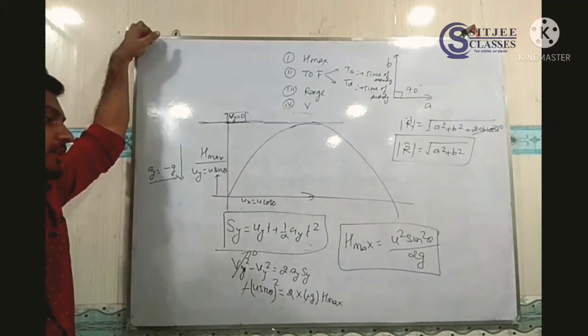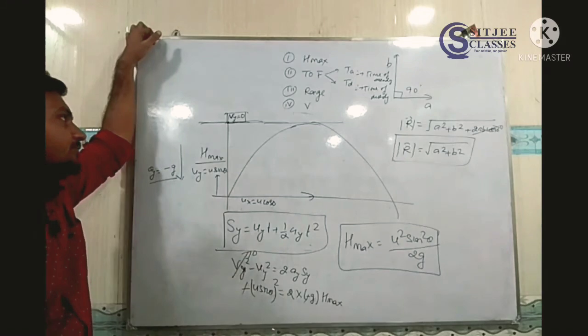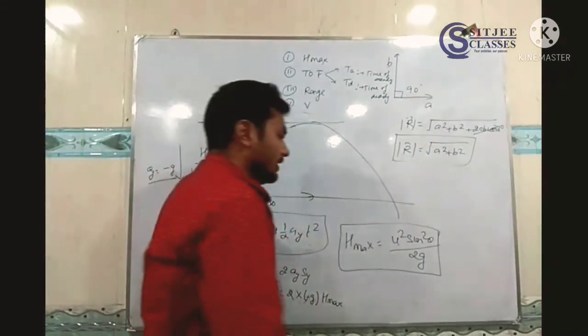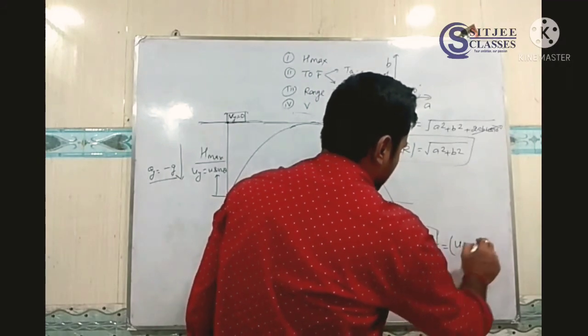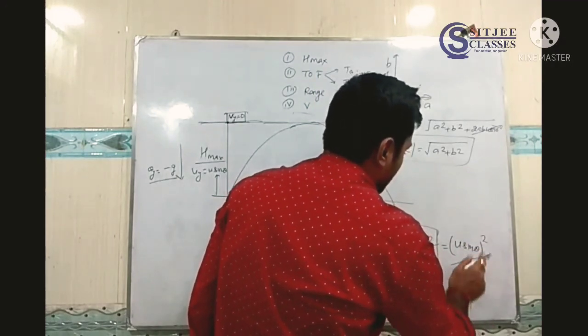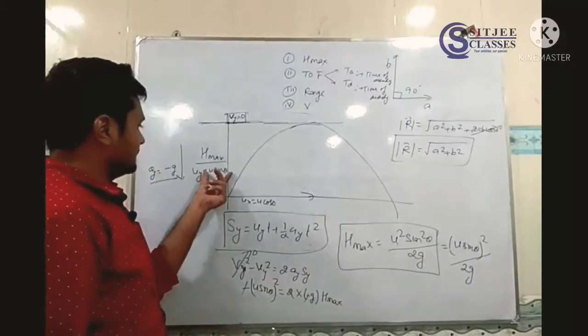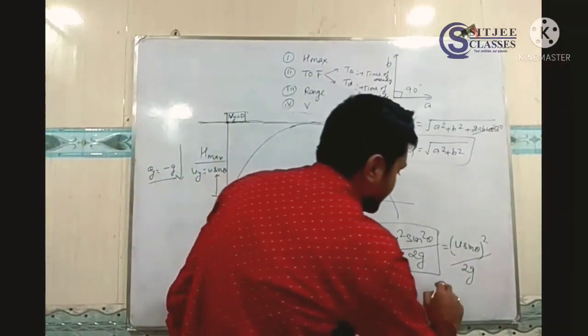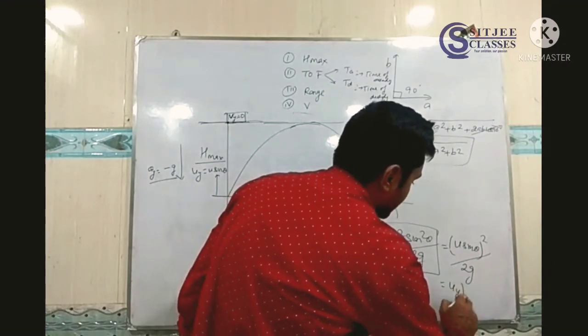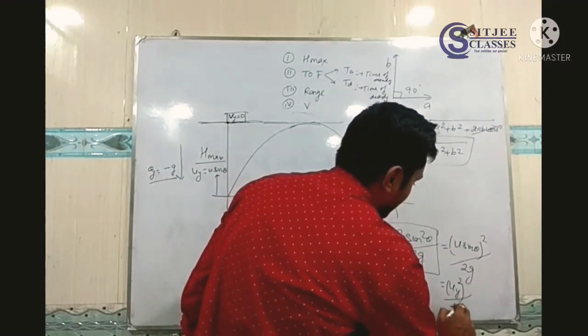Here, sometimes in exams they play with it. How do they play with that? A little bit of changes we can do there. What changes? If you write this properly, it is nothing but (u sin theta) square by 2g. Now what is our u sin theta? This is called the initial velocity y component. We can represent it in that format and write here uy square divided by 2g.